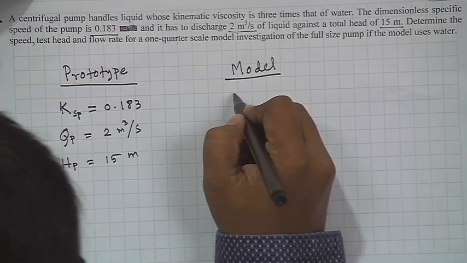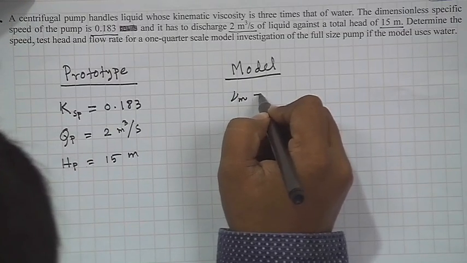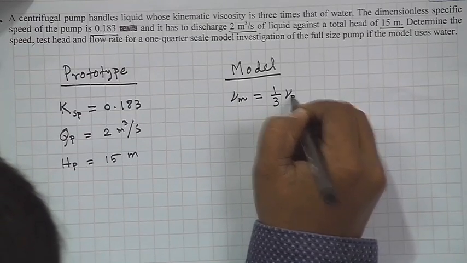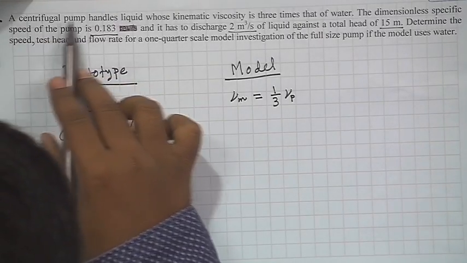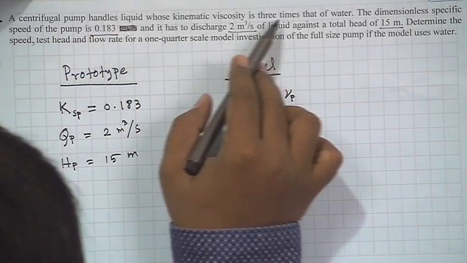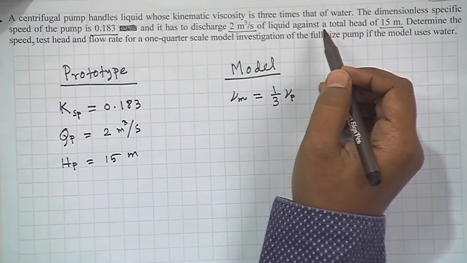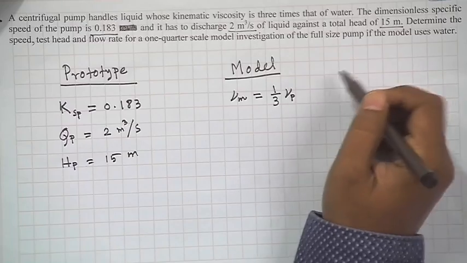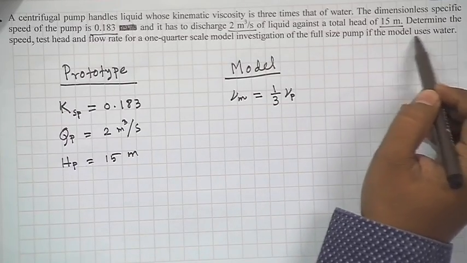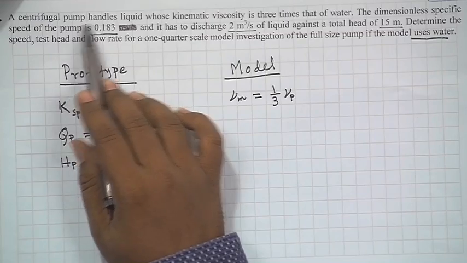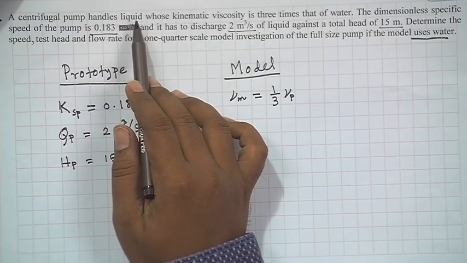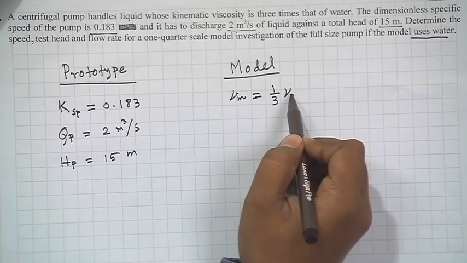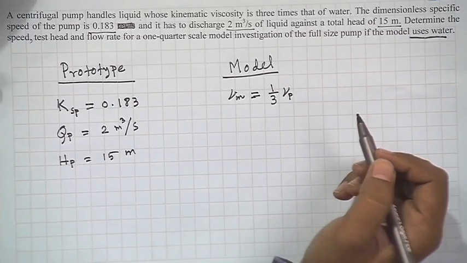The kinematic viscosity for the model is 1/3 that of the prototype. Here it is specified that the centrifugal pump handles liquid whose kinematic viscosity is 3 times that of water. Now the model is using water and the prototype pump uses some other fluid having kinematic viscosity 3 times. So model kinematic viscosity will be 1/3 that of the prototype.